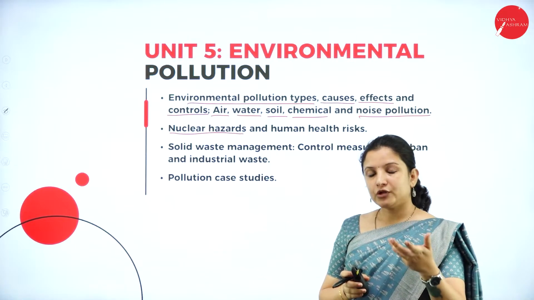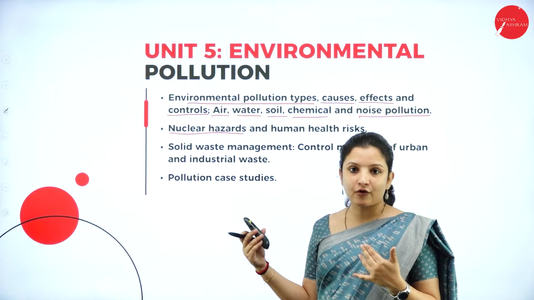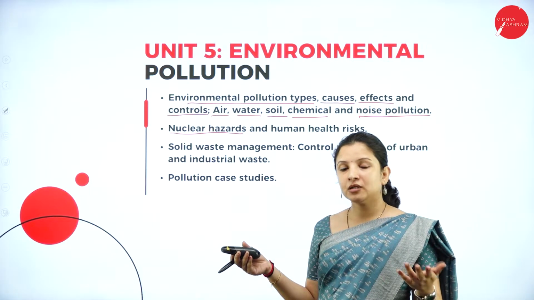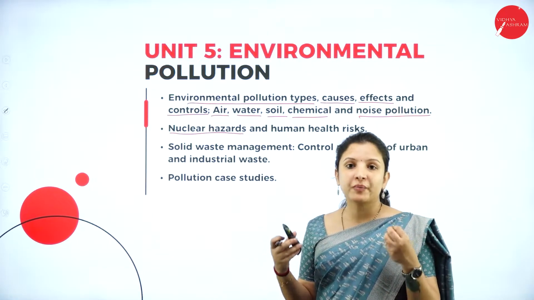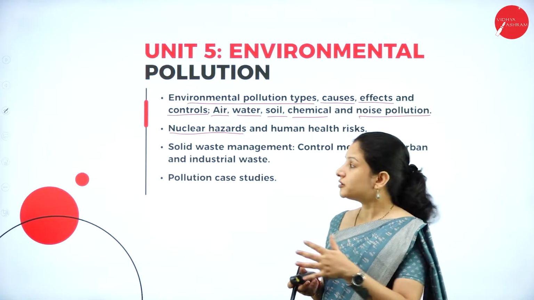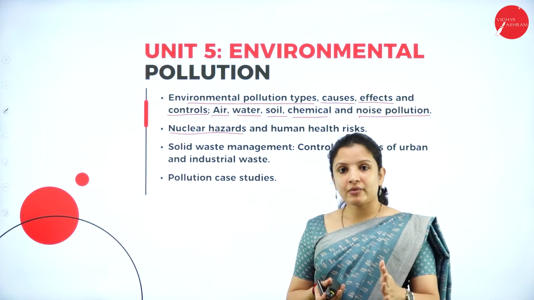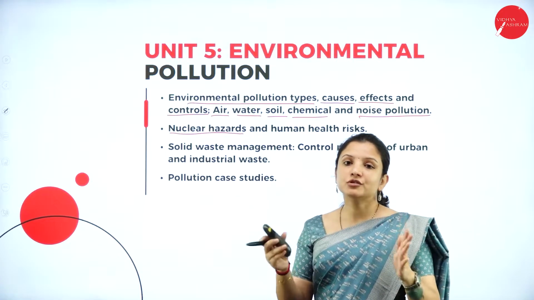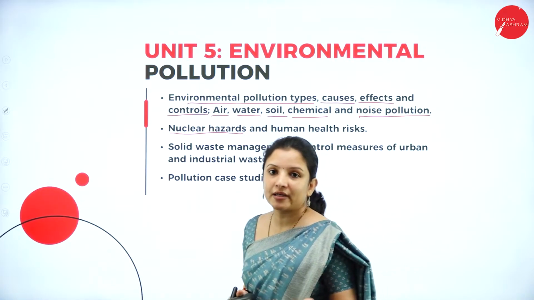To use nuclear weapons, there are a lot of formalities that we need to follow. Otherwise, what would have happened? Within a span of time, the whole of mankind would have perished from this earth, right? Because these nuclear weapons or nuclear hazards will remain in the environment for thousands and thousands of years. The best example that we can take is Hiroshima and Nagasaki.